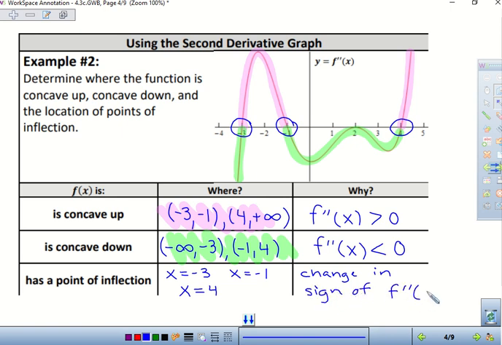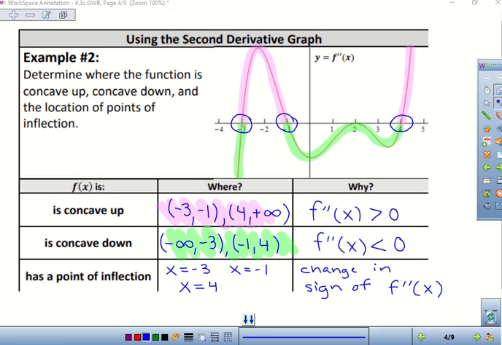So when the second derivative changes sign, does that sound familiar to you all when you make those number charts? When we change sign, that's a point of inflection. Same thing. You're seeing it visually now. It's the same thing. Okay.